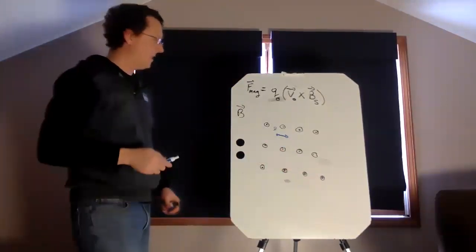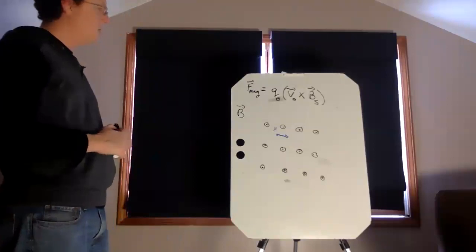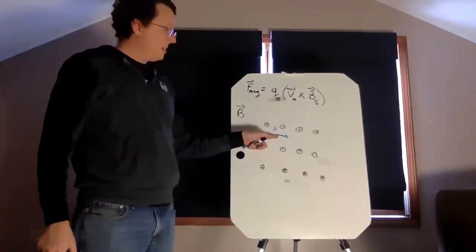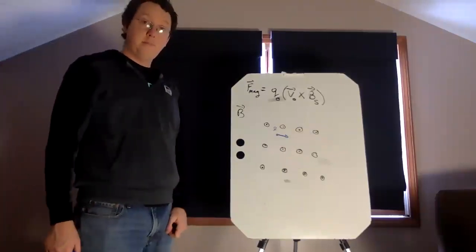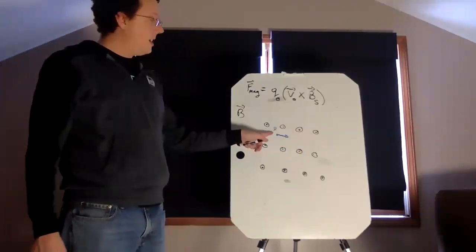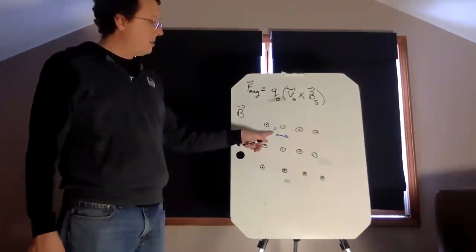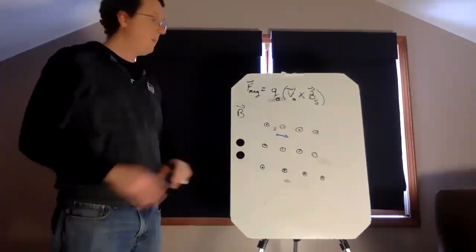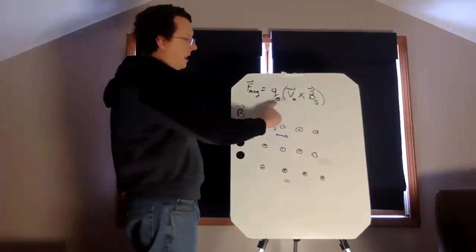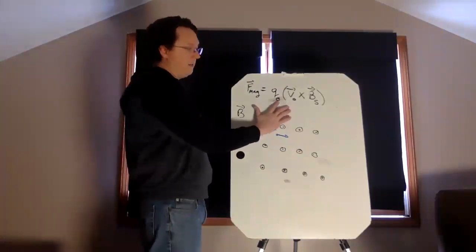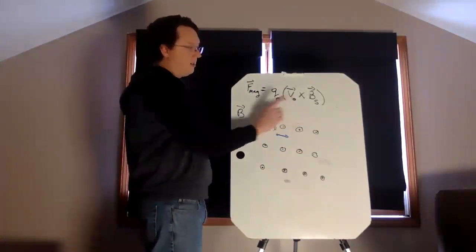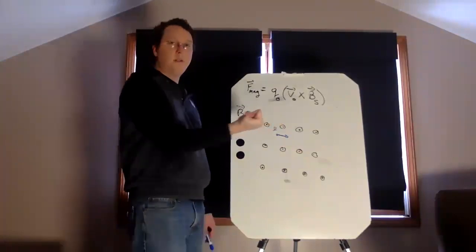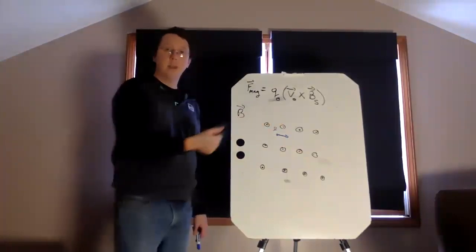So I apologize. All right. So the particle has a velocity to the right. And for right now, let's assume that the particle has positive charge. Okay. So when I work this out, we're going to assume the charge is positive, the velocity is to the right, and the magnetic field is into your eye.